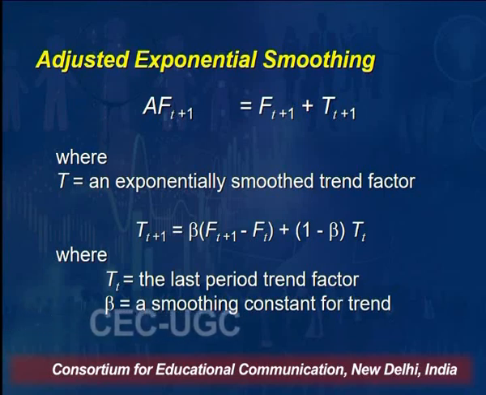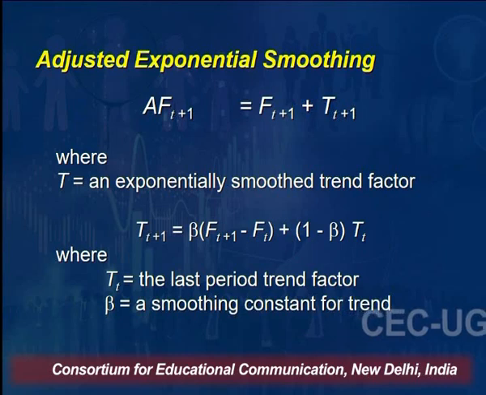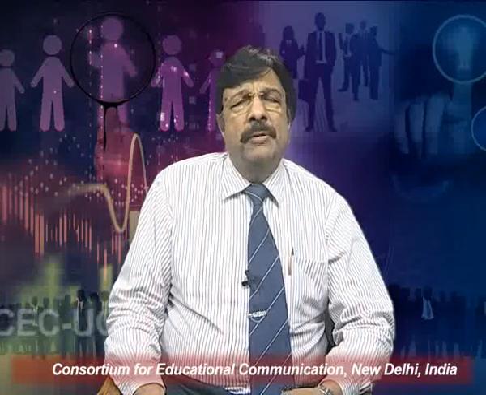Where T is the last period trend factor and beta is the smoothing constant for the trend. So when we put these values into this adjusted exponential smoothing, we will see that your result will be more closer to the actual demand. So the formulas become more complicated, but then your results are also more accurate.